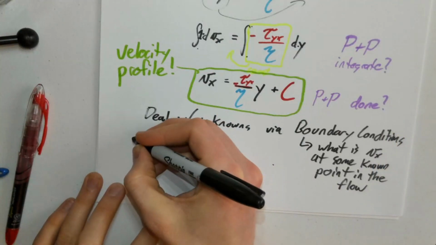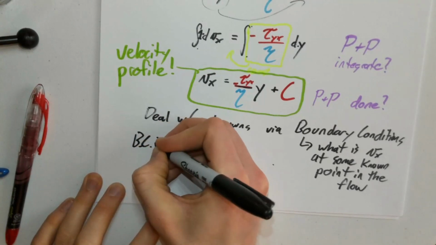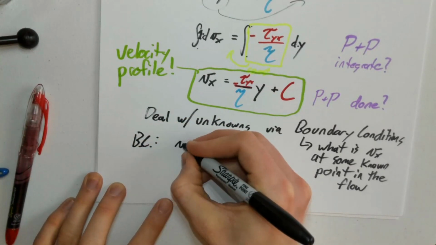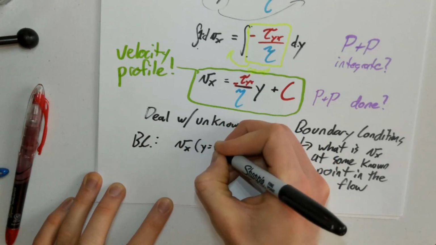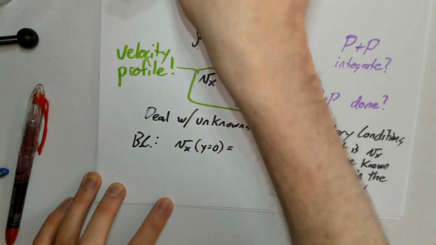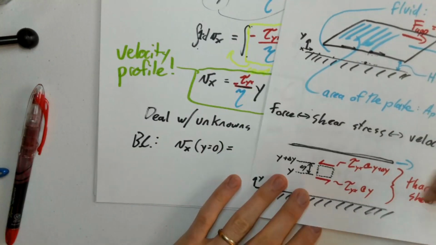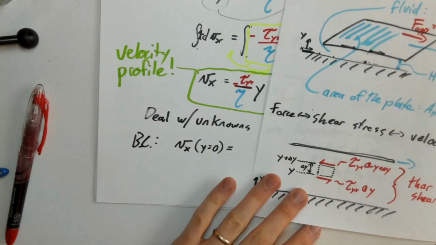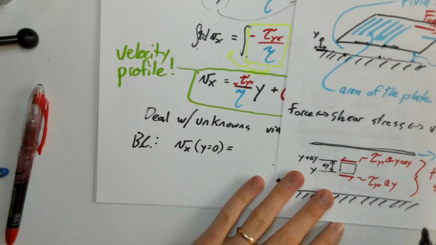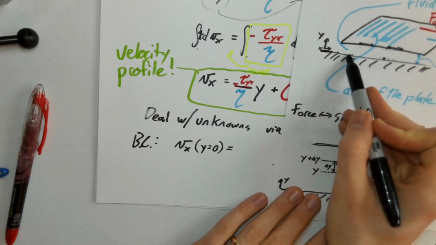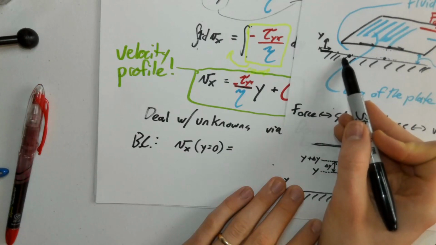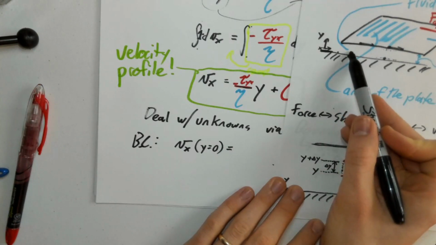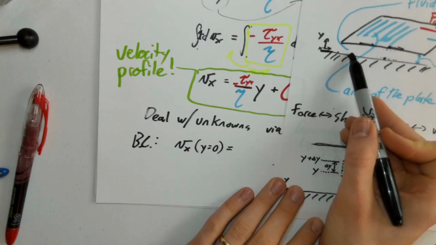We'll put our boundary conditions right here, and we can basically say Vx at y equals 0. Well, what's Vx at y equals 0? We put our origin at the bottom plate here. So what's the x velocity of the fluid right at y equals 0? Well, the bottom plate is not moving, so the particles immediately adjacent to that bottom plate also can't be moving.